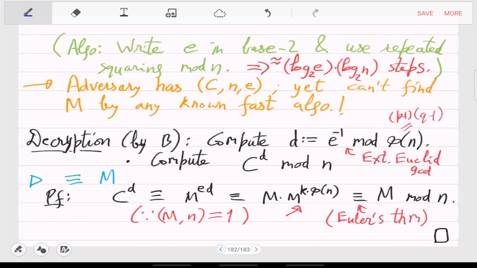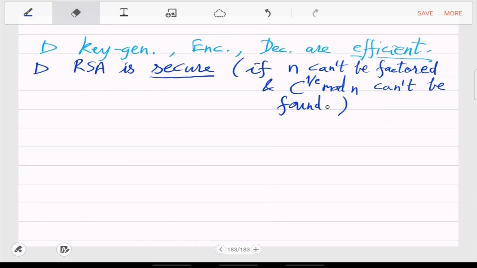Actually, there are more things here, so we are also assuming that computing phi n is hard. Because if the adversary given n can find phi n, then the adversary can find D, which is E inverse.